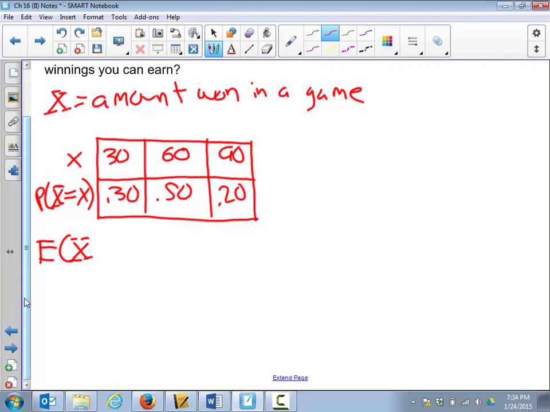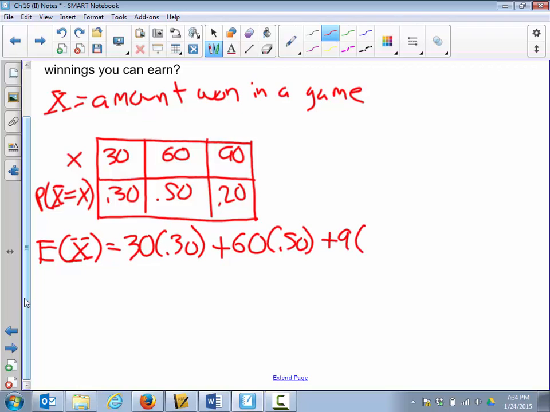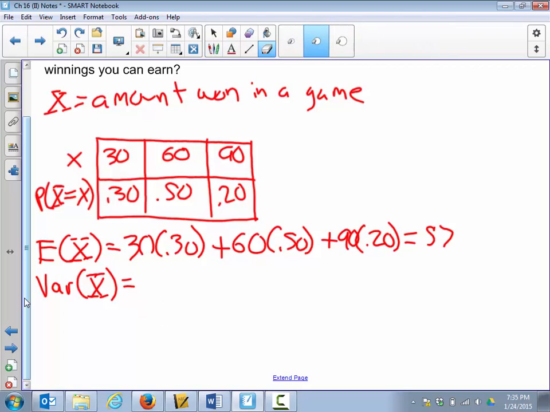Okay, so expected value, the mean of this random variable, looks like the following. We've got 30 times 0.30 plus 60 times 0.50 plus 90 times 0.20. I found a mean of 57, which is triple the original mean when you had payouts of 10, 20, and 30. The variance of this random variable is equal to the sum.